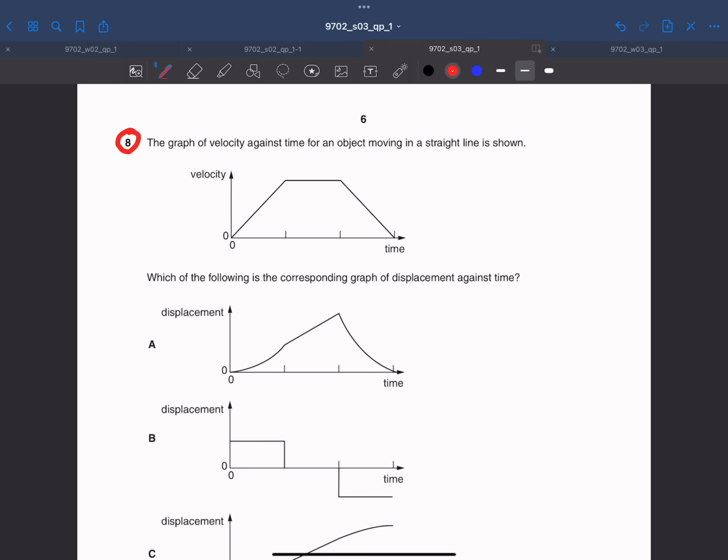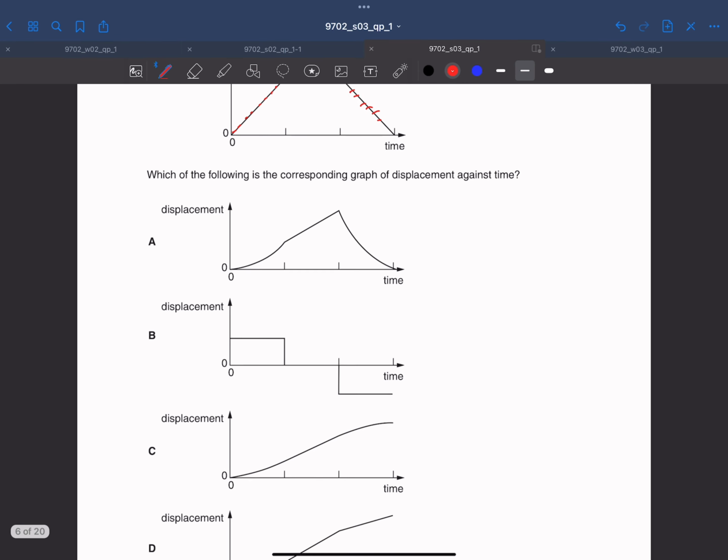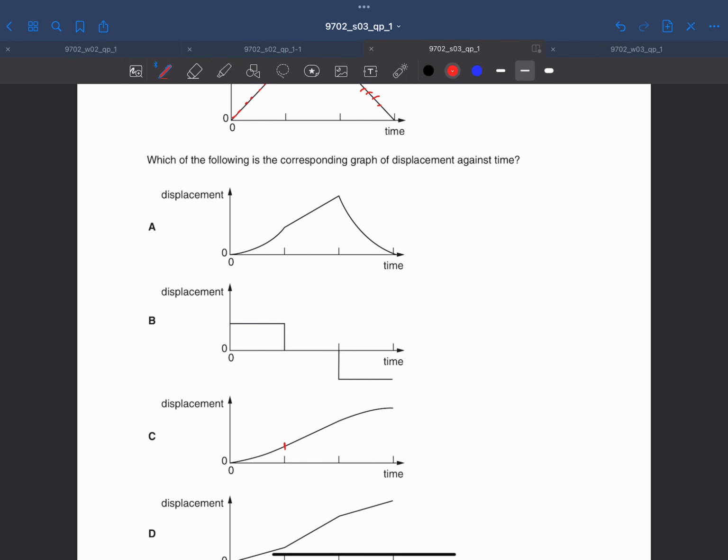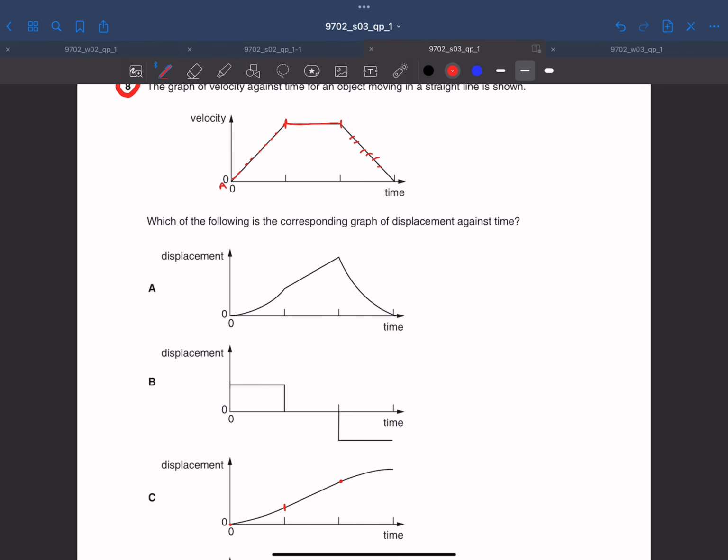You have to remember that the velocity is increasing up to this point, then it is constant, and then it is decreasing. Suppose these are points A, B, C and D. From A to B, the velocity is increasing uniformly, and of course the displacement is also increasing.